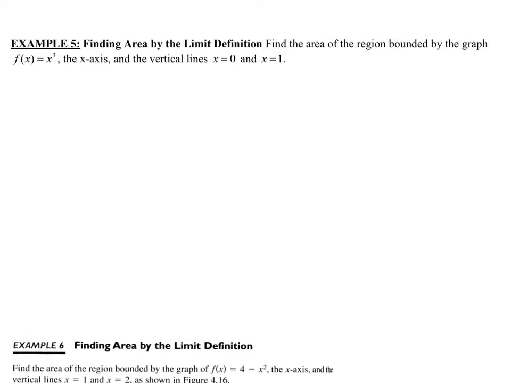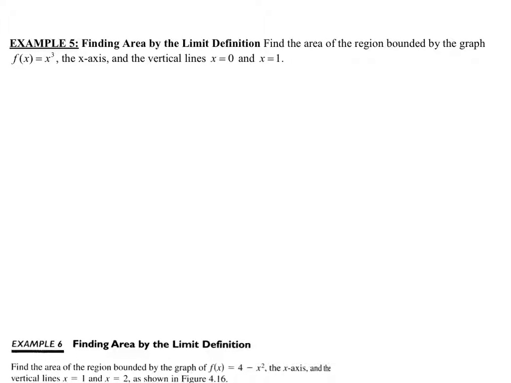Alright, so the first thing that we're going to do is find the area of the region bounded by the graph of f of x equals x cubed, the x-axis, and the vertical lines x equals 0 and x equals 1. So here's our xy plane. You guys ought to know what the parent function of x cubed looks like. It looks kind of like this.